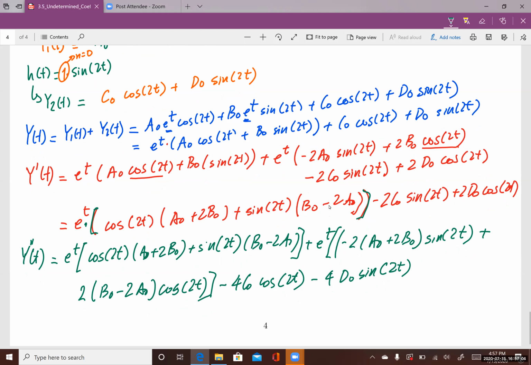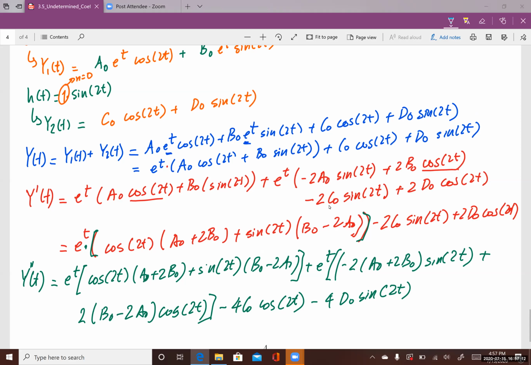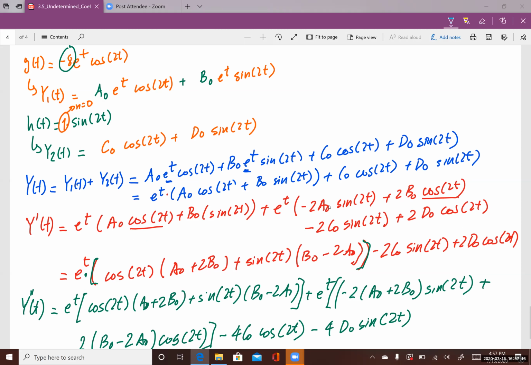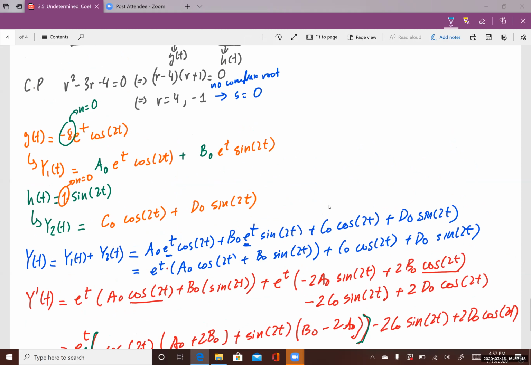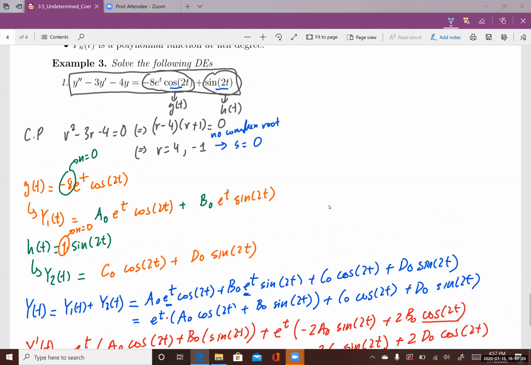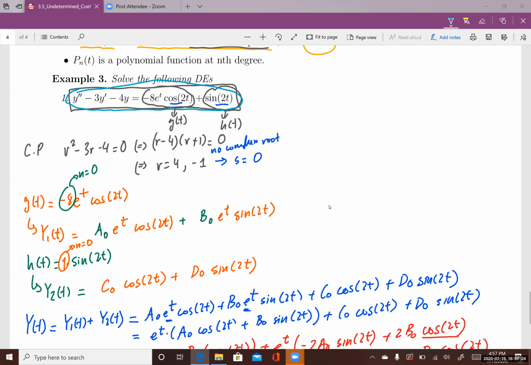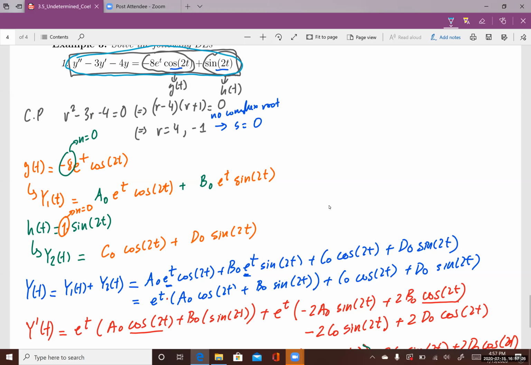Okay. And then the next step is we have to plug y prime and y double prime into our original equation, right? And then try to solve for our undetermined coefficients a, b, c, d.